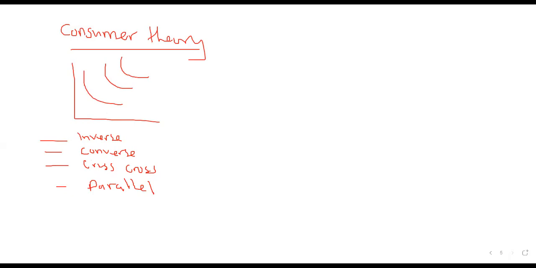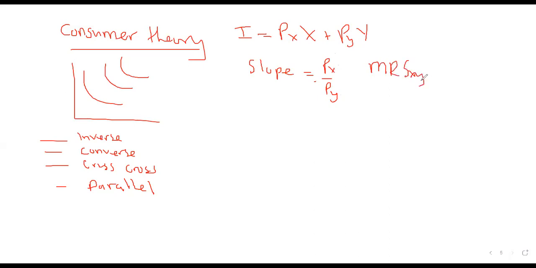Now, under consumer behavior, the budget line I is given by the price of good X times X plus the price of good Y times Y. The slope is given by the price of good X over the price of Y. We also have what we call the marginal rate of substitution, which is given by the same slope formula.